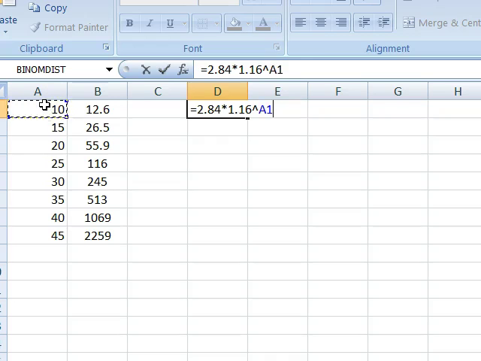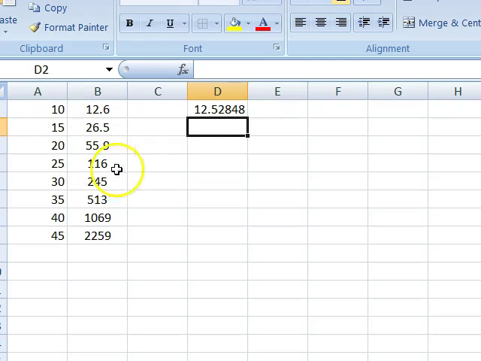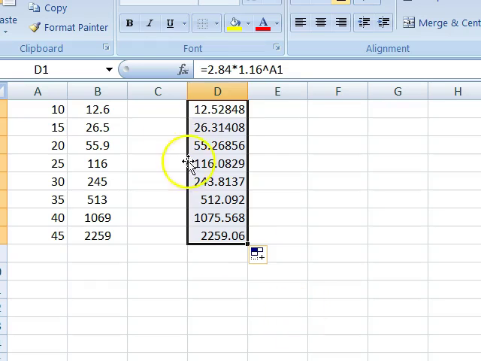If I get it to work that out, it's giving me 12.52. If I copy that all the way down and compare the values from the formula with the original data points, you can see the fit is extremely good. So I'm quite happy with that.